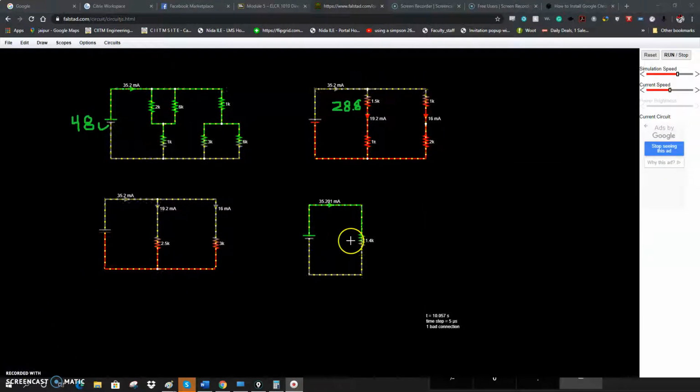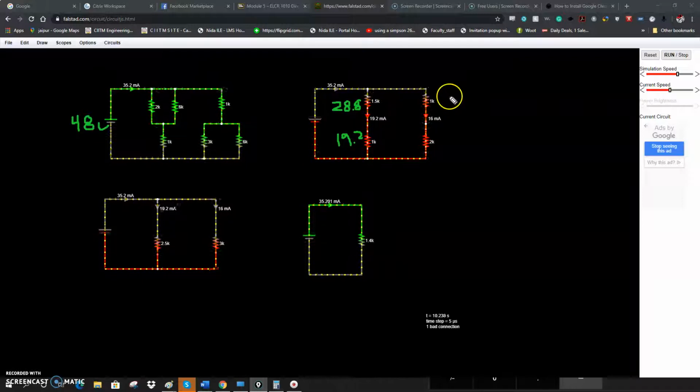So we did that calculation and got 28.8. Now it's pretty easy on this next one because it's 19.2 milliamps times 1. I can do that in my head. 19.2. I can't draw very well, but I can do math in my head. So 19.2 plus 28.8 gives us 48 volts, which is what that branch is dropping.